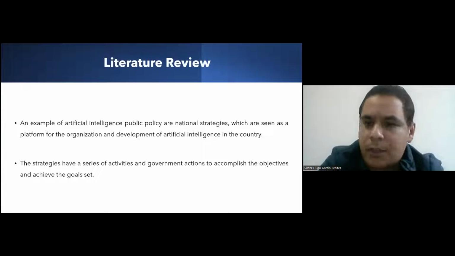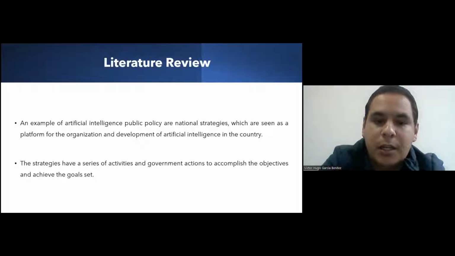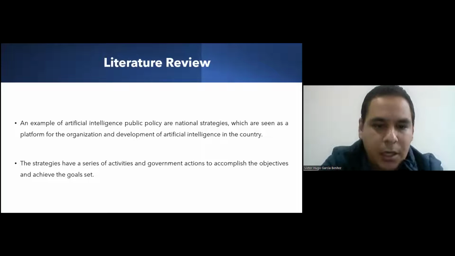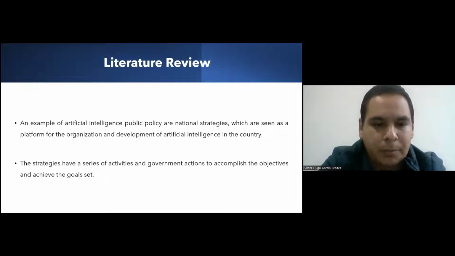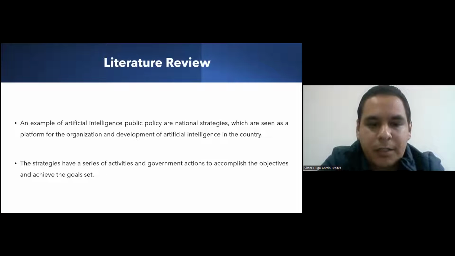Some examples of countries that have national AI strategies are the United States, China, Japan, Spain, the United Kingdom, France, Germany, Argentina, and Uruguay. The strategies have a series of activities and government actions to accomplish the objectives and achieve the goals set.